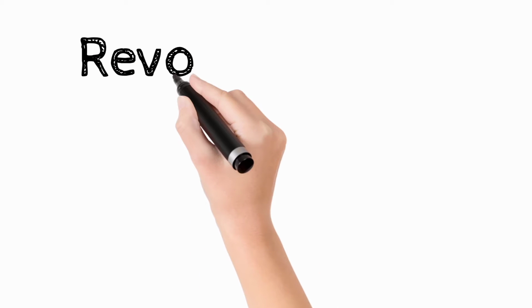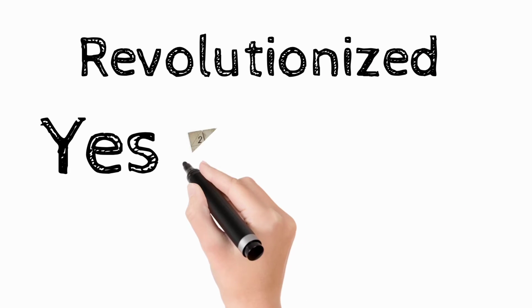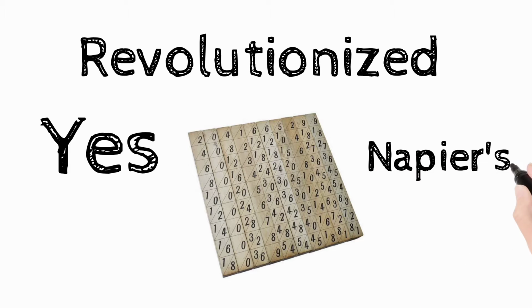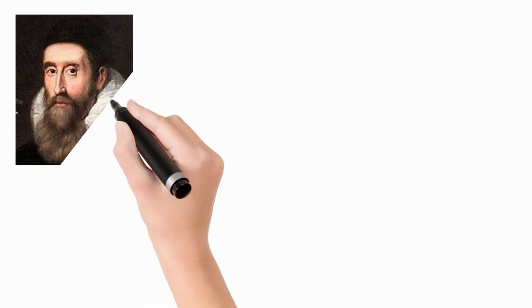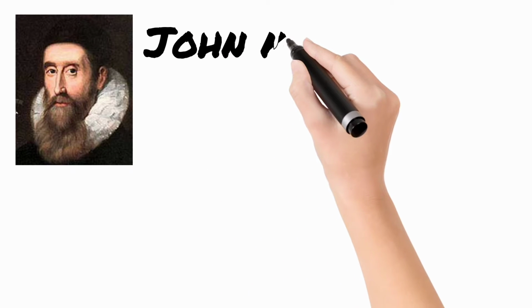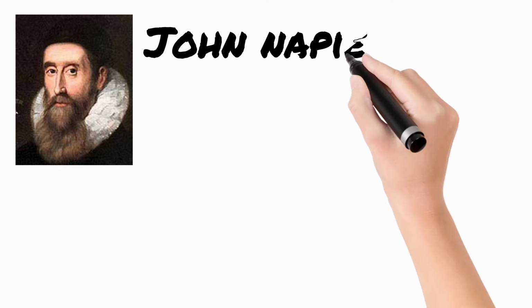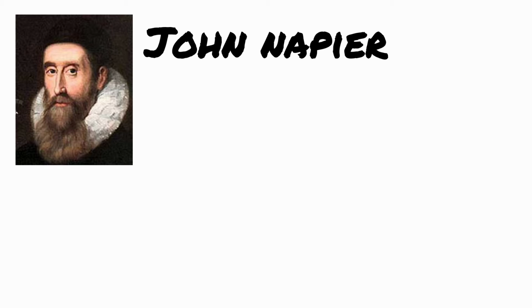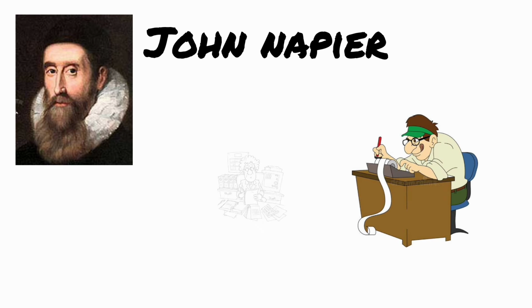Now, we are going to discuss another important device which revolutionized computer history. Yes, I am talking about Napier's bones. John Napier, a Scottish mathematician, created logarithm tables to facilitate calculations. These rods were widely used by accountants and bookkeepers.